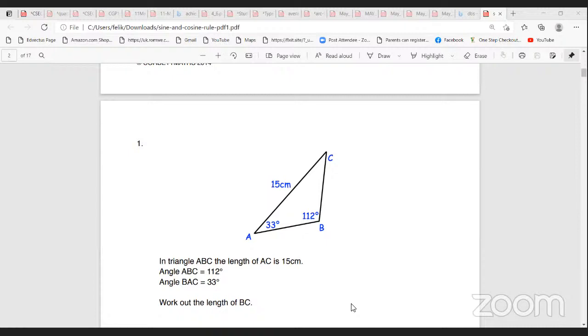Looking at this one, it's not a right angle triangle. So the only time we can consider trig ratio and Pythagoras theorem is when we're thinking about a right angle triangle. If it's not a right angle triangle, then we can't use trig ratio and we can't use Pythagoras theorem. Right? Yes, miss.